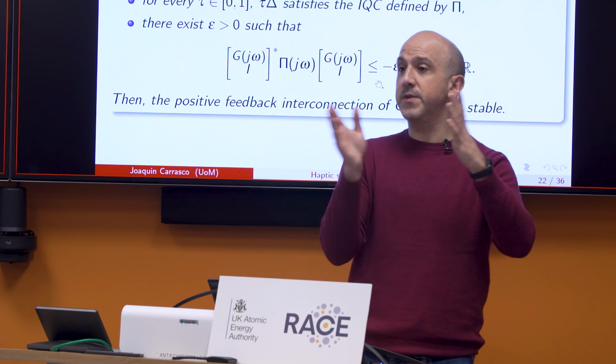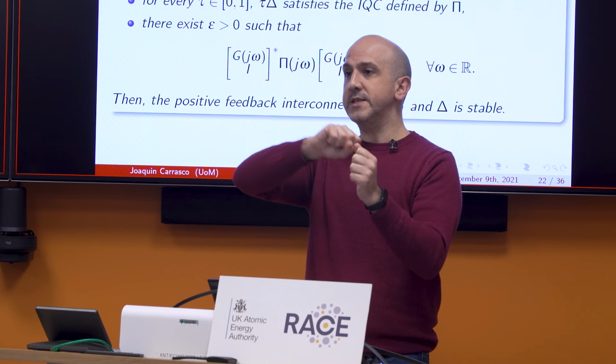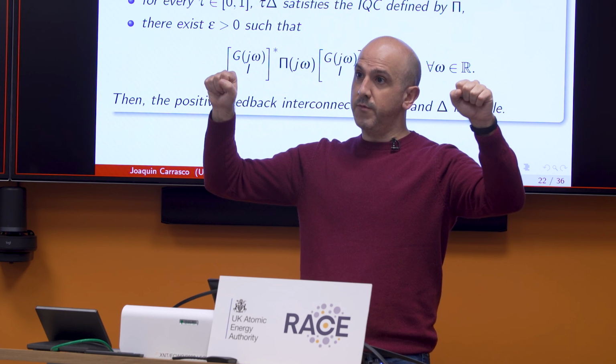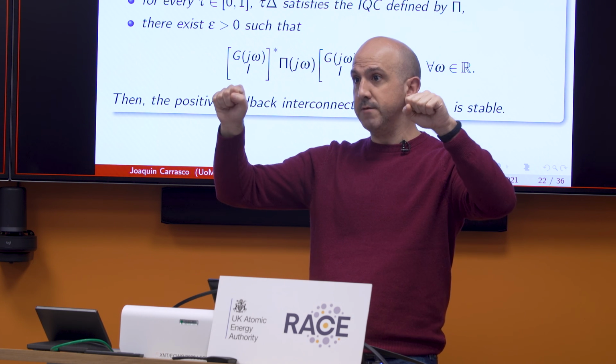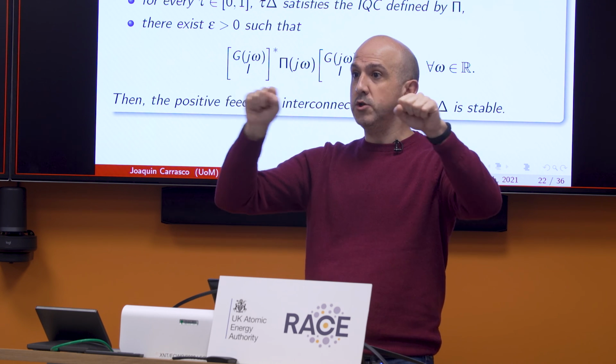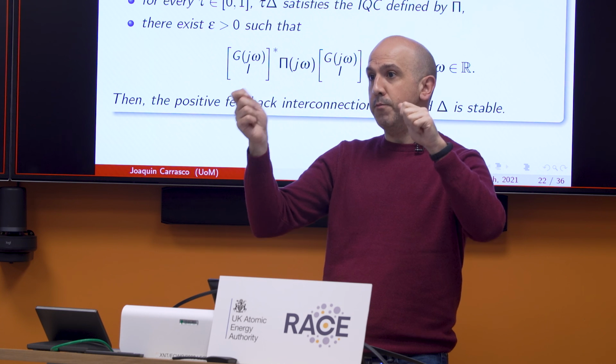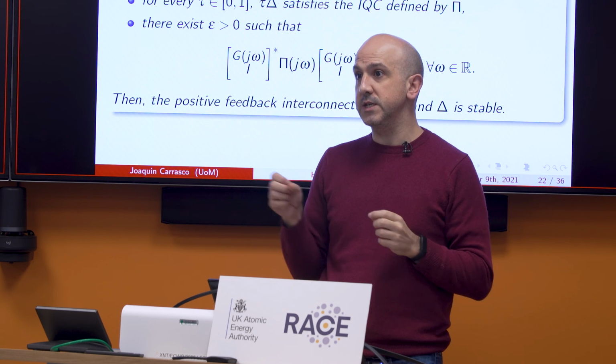So the main concept is always studying the set of input and output pairs of both systems, and making sure there is no compatible input and output in these two sets.